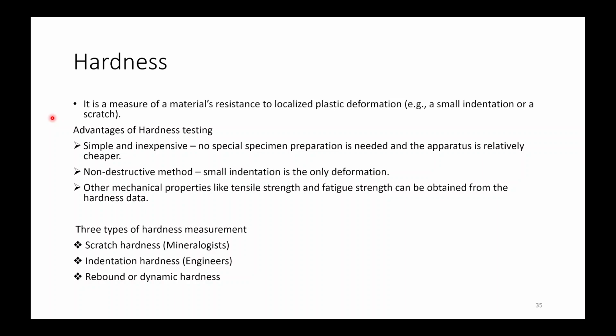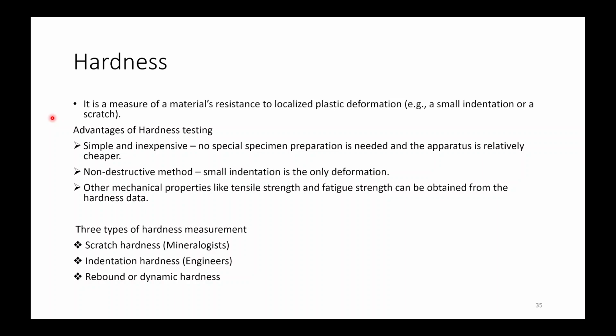Here we don't require any specimen preparation, and the apparatus is also relatively cheaper. It is a non-destructive method, so the small indentation won't destroy your sample. Other mechanical properties like tensile strength and fatigue strength can be obtained from the hardness data.